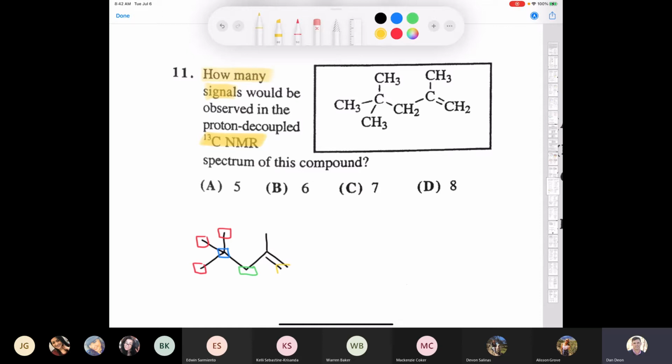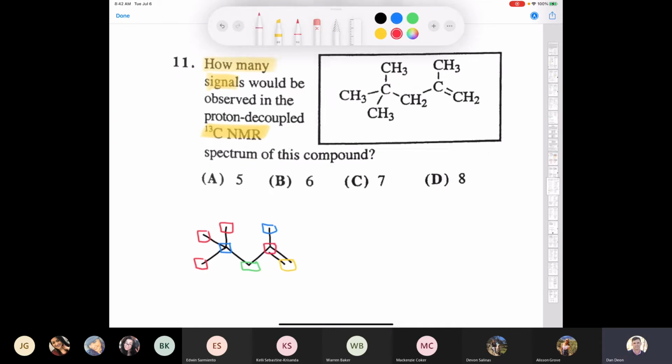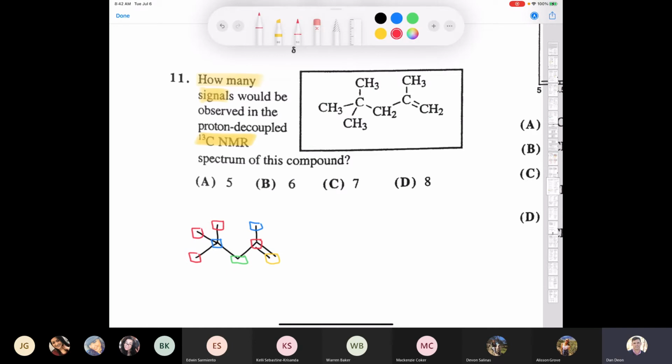We have another CH2 over here, but that's vinylic. We have another methyl group over here, which has no relation to any other methyl group in here. And then we have this sp2 hybridized carbon over here. So that's a total of 1, 2, 3, 4, 5, 6 signals.